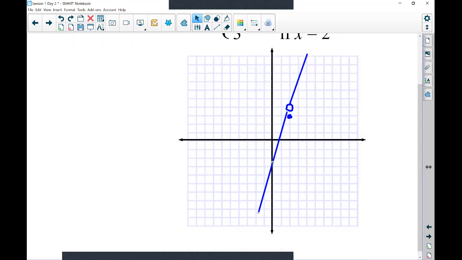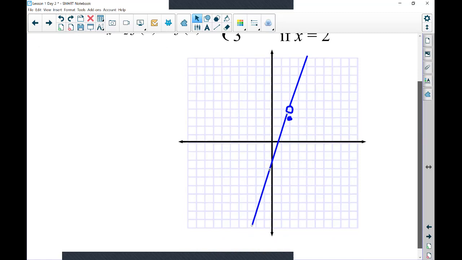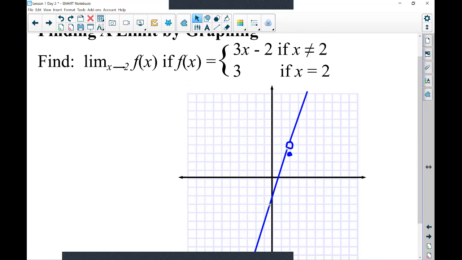So if you remember from yesterday, we really don't care what happens when x is 2. We just want to know, as we get closer and closer to 2, what value do we approach? And for graphs, I like to use the finger method. I take a finger and put it on either side of the x value that I want, and I follow to where that x value is.